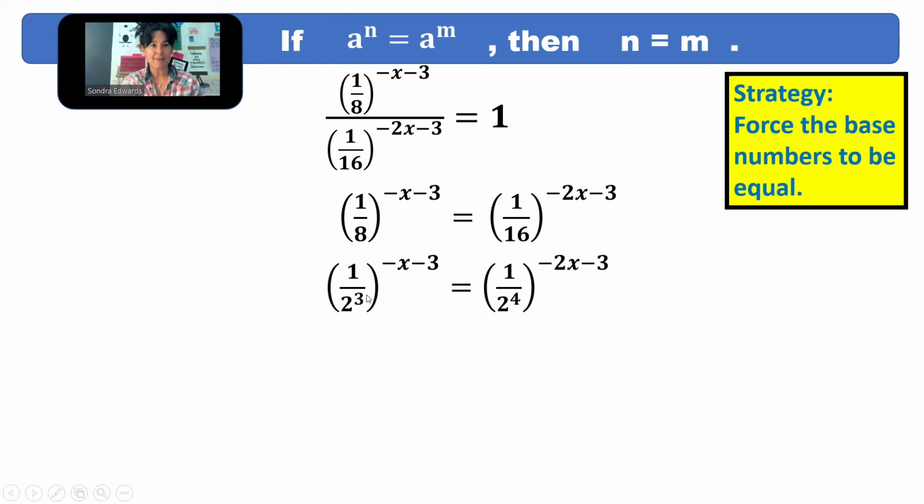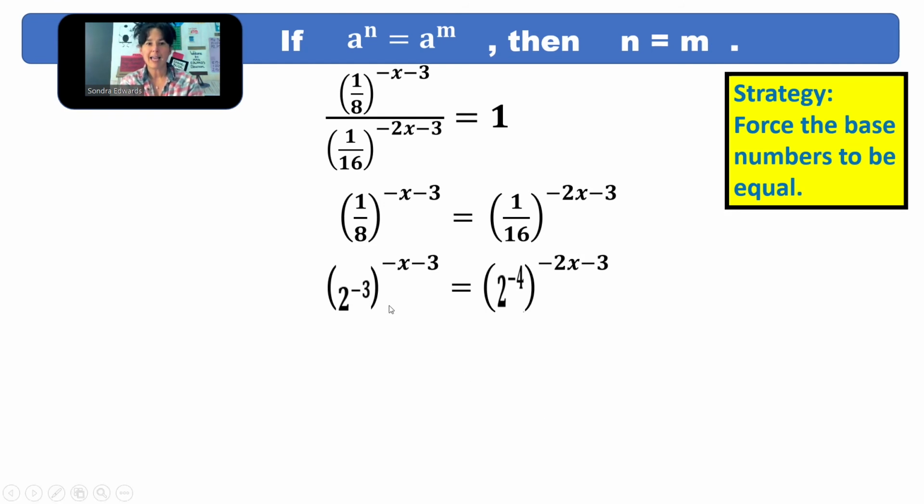I'm going to cross that fraction bar line to change the sign on the exponent. So 1 over 2 to the 3rd is going to become 2 to the negative 3. And 1 over 2 to the 4th is going to become 2 to the negative 4. Here we have power to a power, multiply.